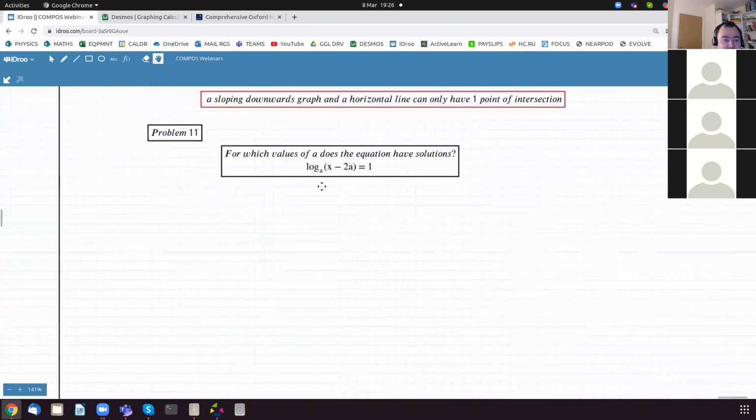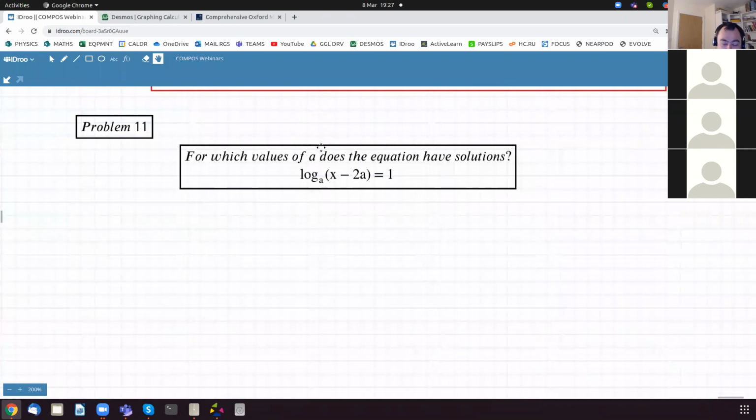Right. The last question is also a question of the parameter, but actually it's an easy one. So we know for which values of a does the equation have solutions. Well, we know that the base of the logarithm cannot be negative. So we write this: a is greater than 0. Also, we know that the base of the logarithm cannot be equal to 1.